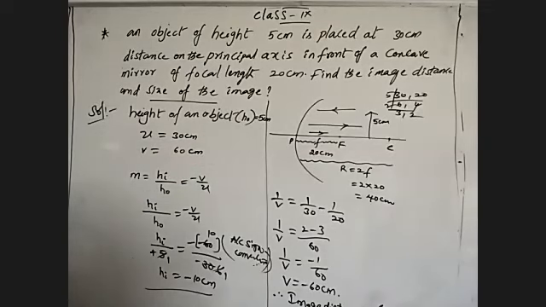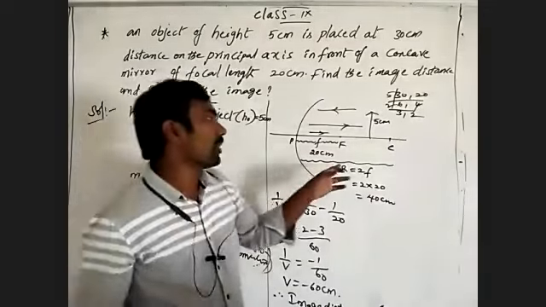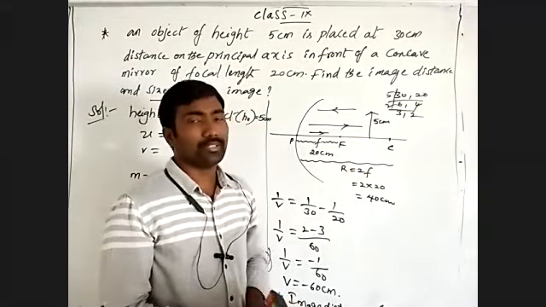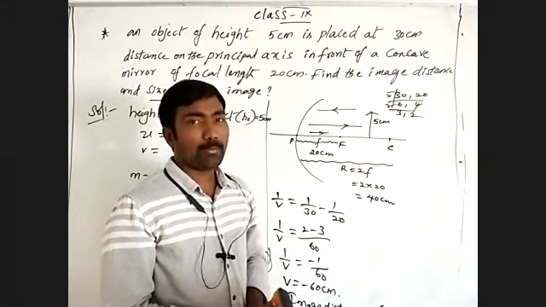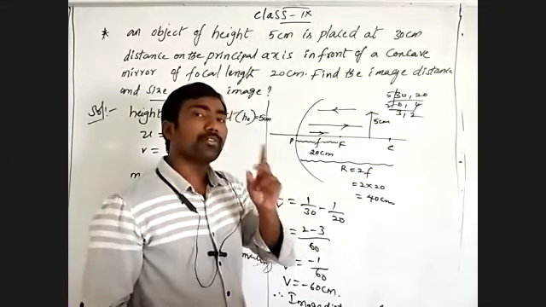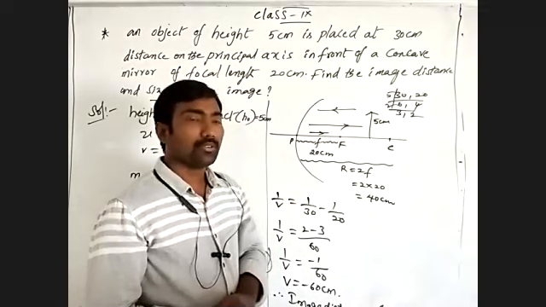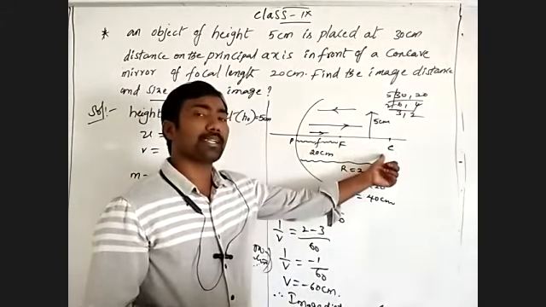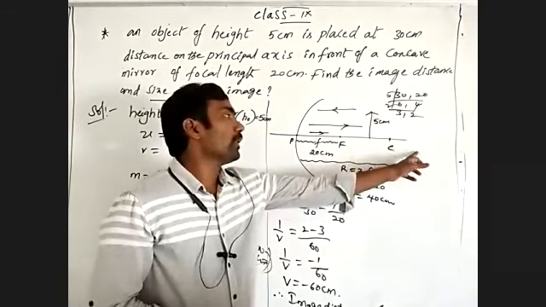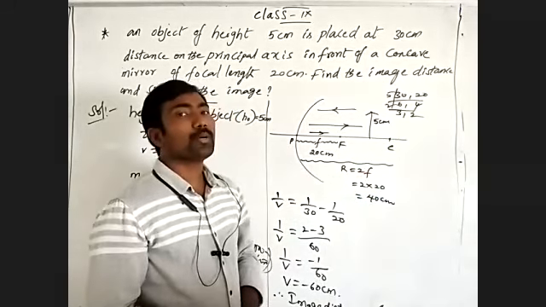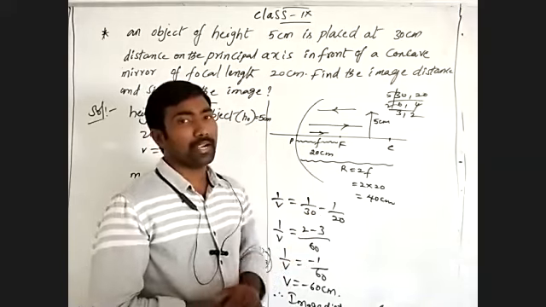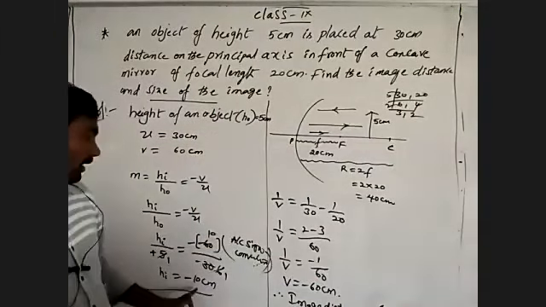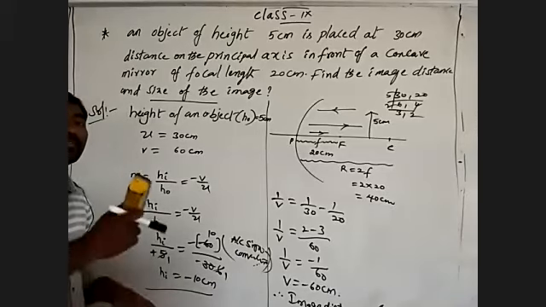See here, what type of image is forming beyond the center of curvature? An enlarged, magnified image is forming. That's why I said we have to learn the properties also. Where the object is located between the focus and center of curvature, the image should form beyond the center of curvature. What is the property of the image? Magnified, enlarged. The object size is 5, and the image is 10 centimeter, which is more than 5 centimeter.